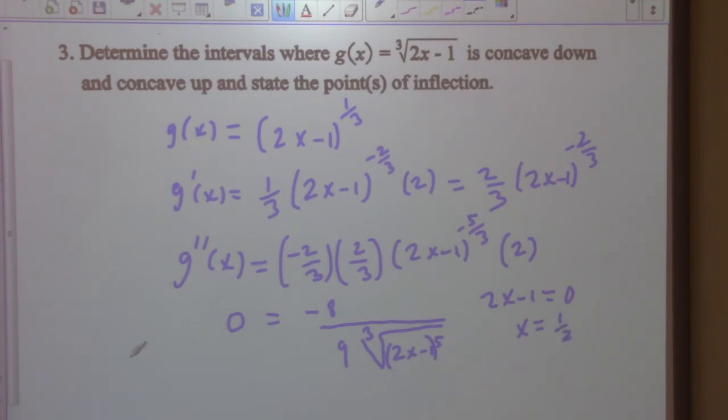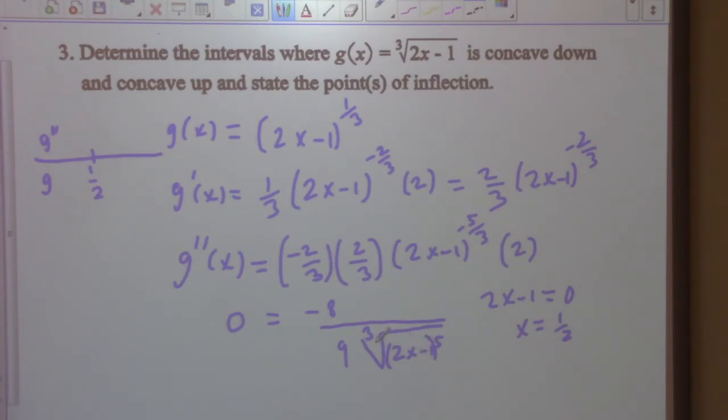And so now can we draw our number line? Draw our number line, and 1/2, and then we put g double prime above here and g below. To the left of 1/2, is this going to be positive or negative?